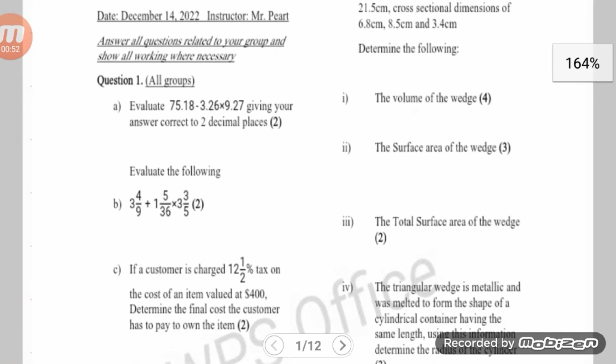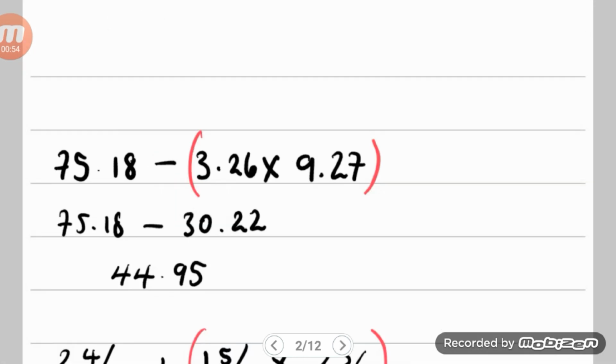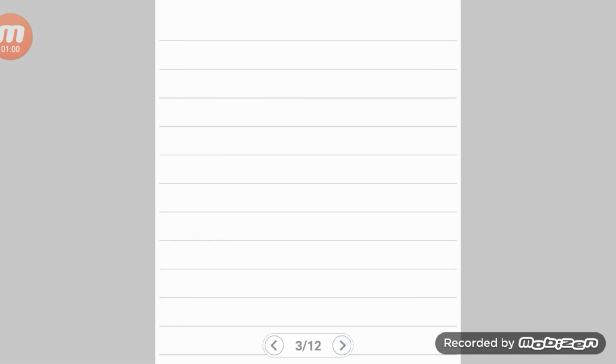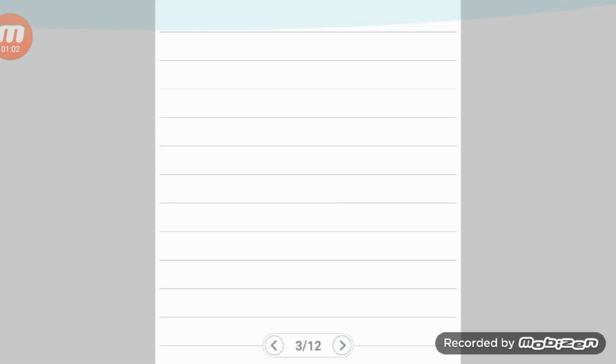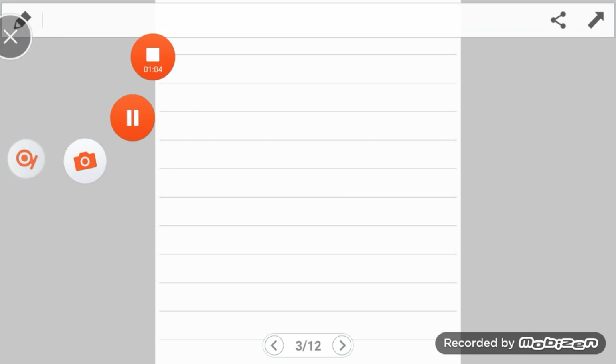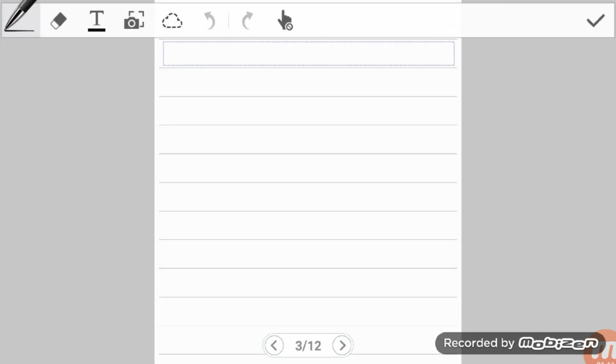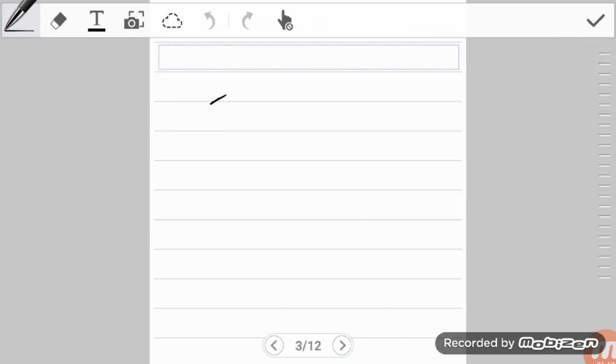All right, so I'm just going to draw the diagram that was given to the students. The diagram that we are looking at here is a triangular prism.